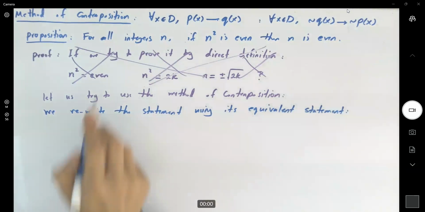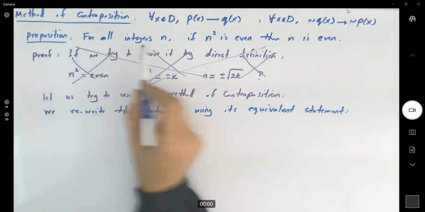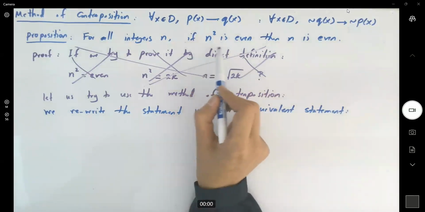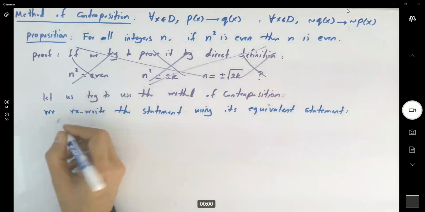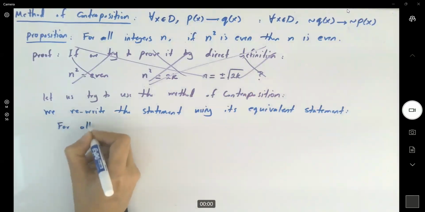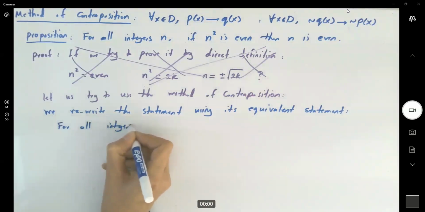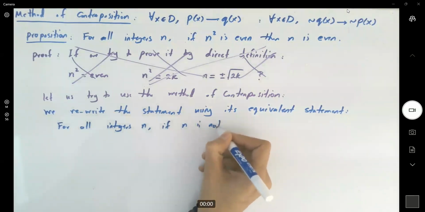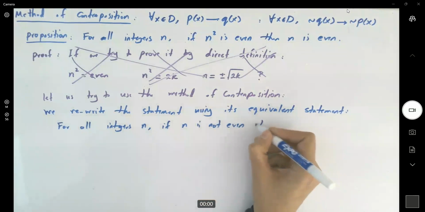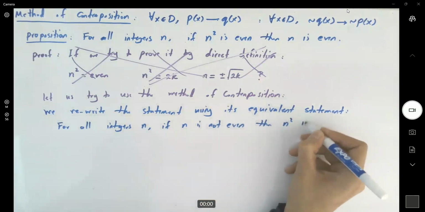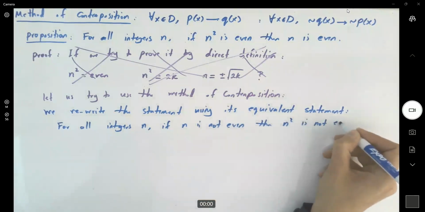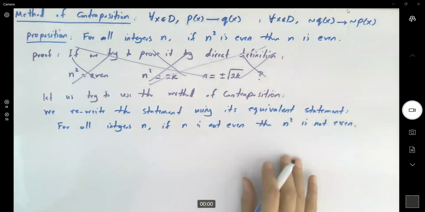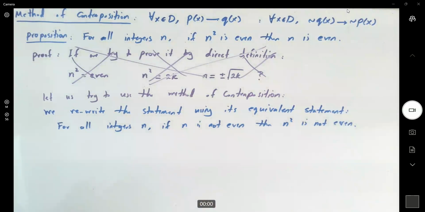For all integers n, not even. So for all integers n, if n is not even, then n squared is not even. Very good. We try to prove this statement instead.